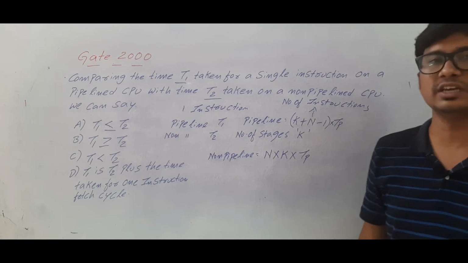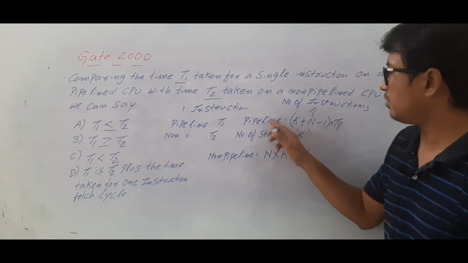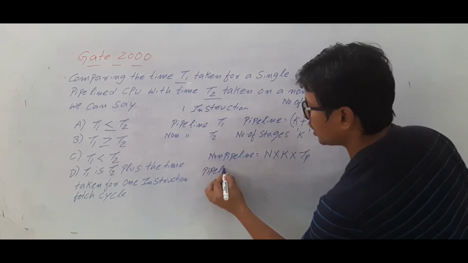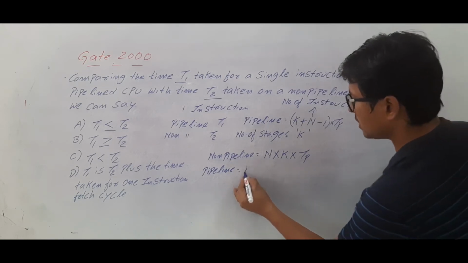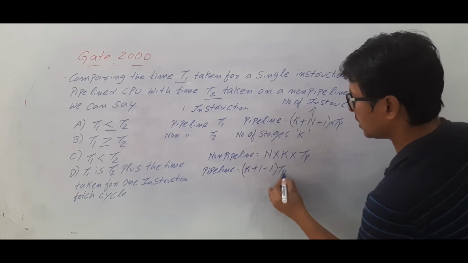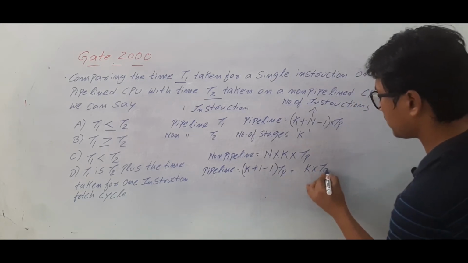How many instructions have they executed? One instruction, so the n value is 1. If n is 1, using pipeline what are you getting? You are getting (k plus 1 minus 1) into Tp, which is equal to k into Tp. Am I right or wrong?